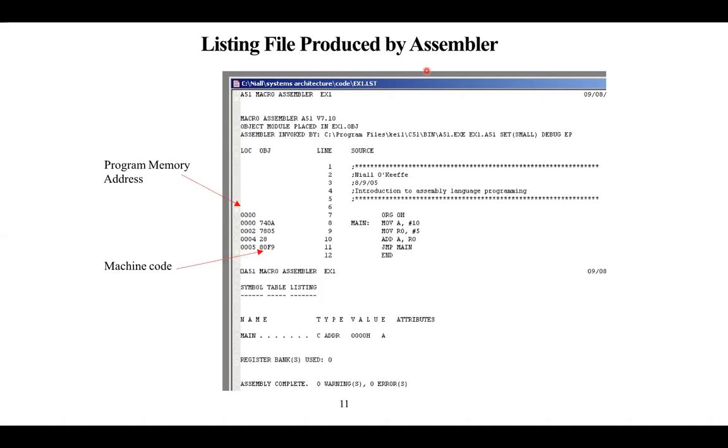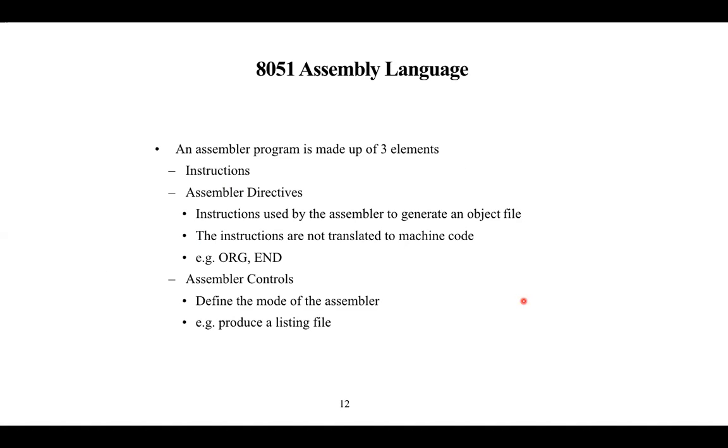Listing file produced by the assembler. So these are the machine code and it is the mnemonic. And this is the address from where it is activated. 8051 assembly language.